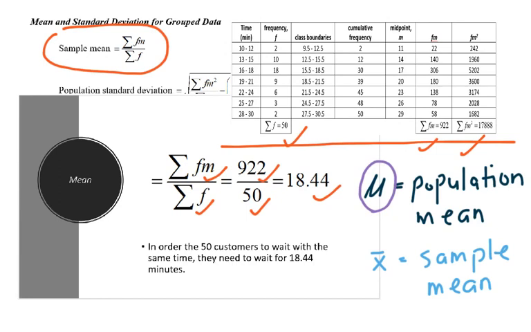Whereas for the sample mean, we are going to represent it with x bar. Whenever we see x bar, you know that x bar is the sample mean value. And whenever we see mu, that means it's the population mean value.